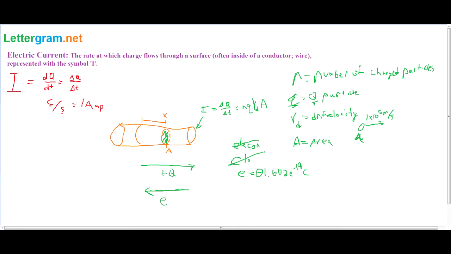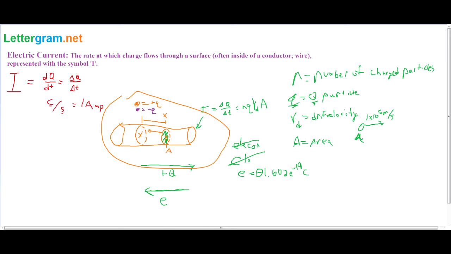For example, I'm just going to go over this real quick. Say in this little area right here, we have this conductor, and we have this area over here, and this area over here, and we're trying to see, for example, like we have one positive charge. I'll use orange for positive charge and purple for negative charge.